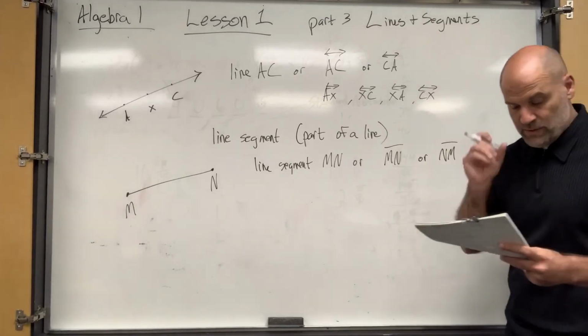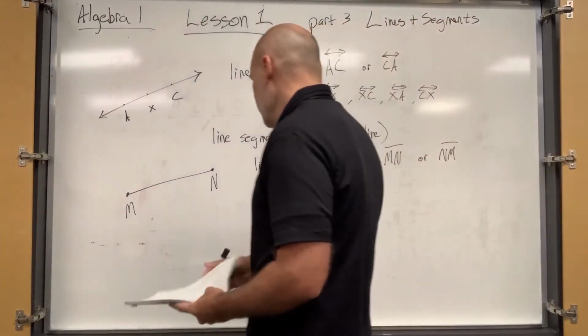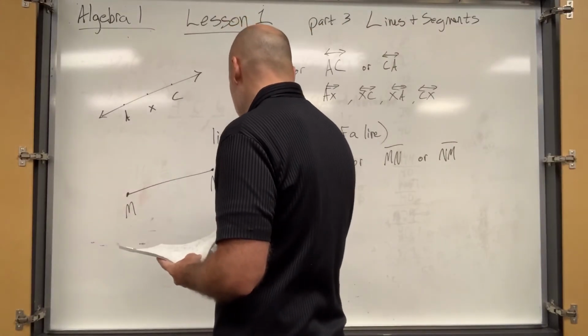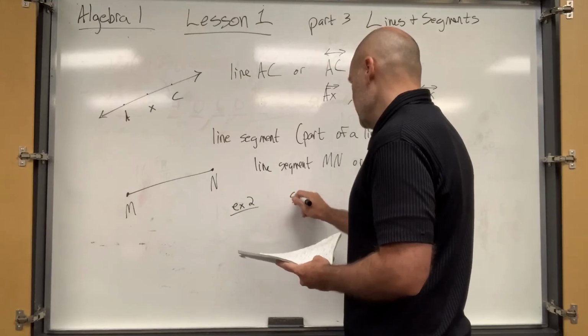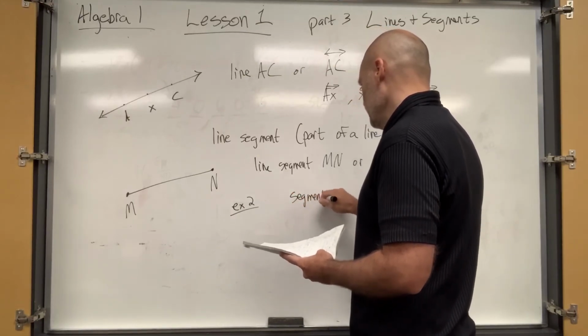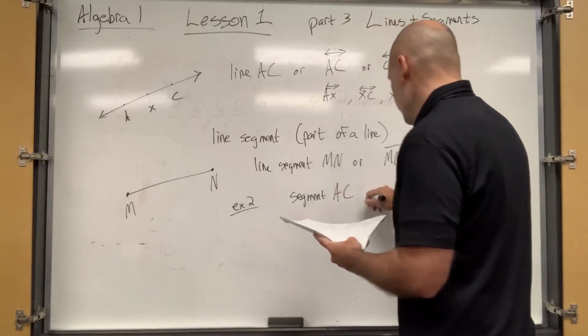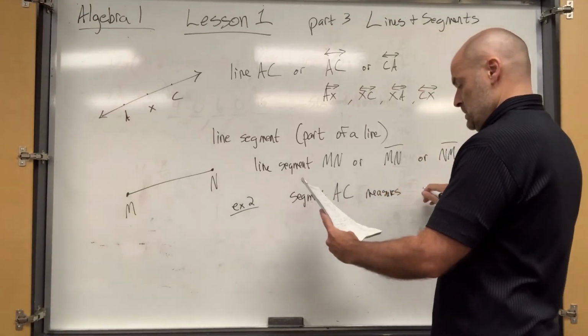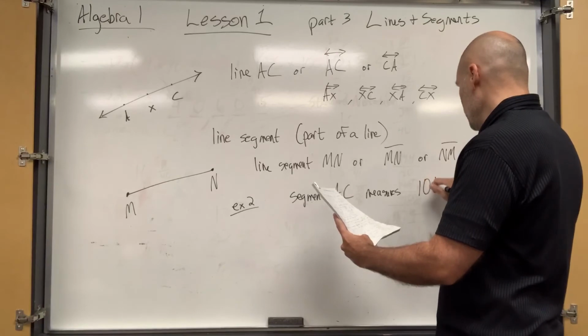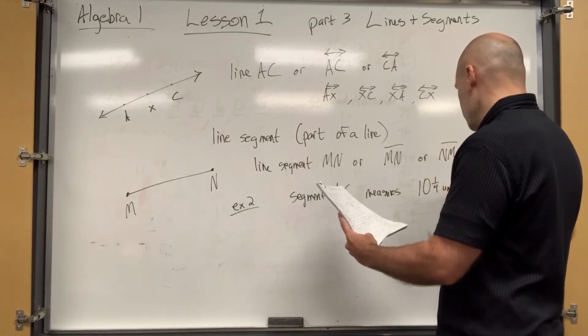All right, so the reason we bring this up is because one of your homework problems is going to look something like this. I'm going to say segment AC measures, I think, 10 1/4 units.